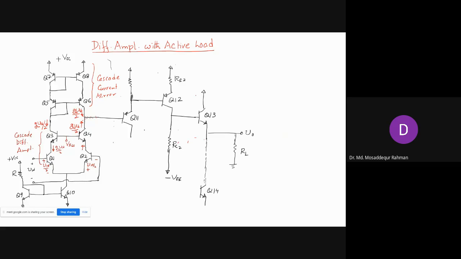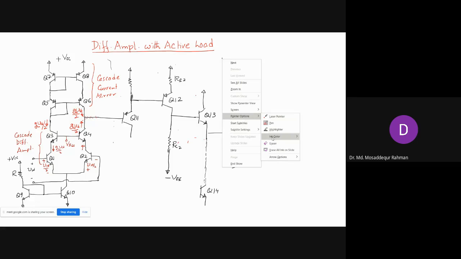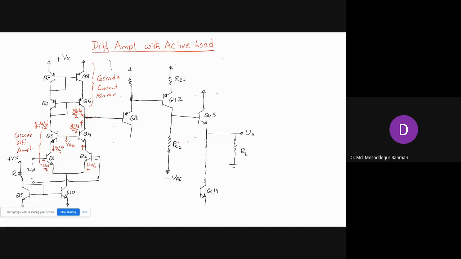Can you identify this one? Sir, DC voltage level shifter. Right. So that is a DC level shifter.